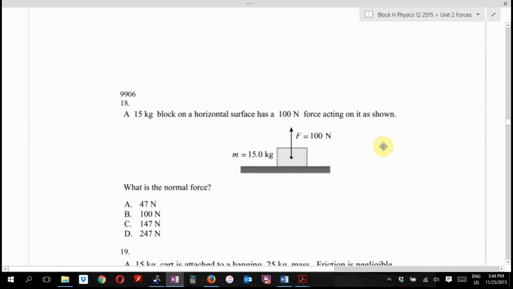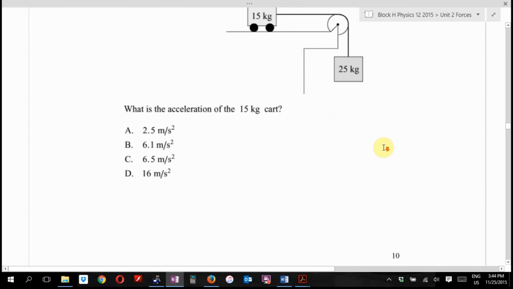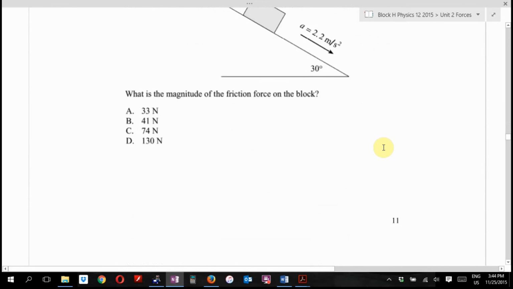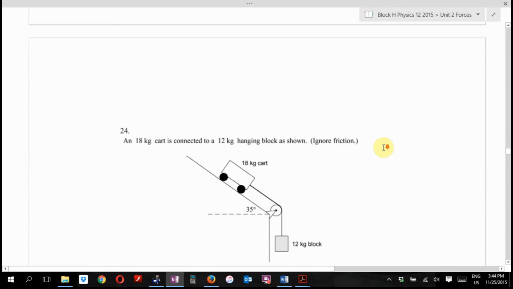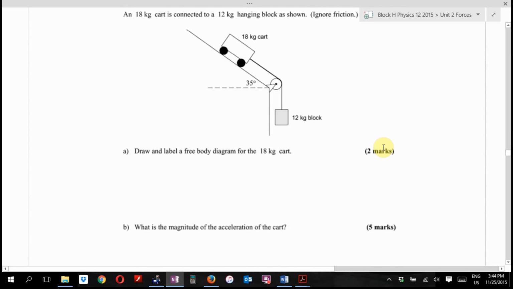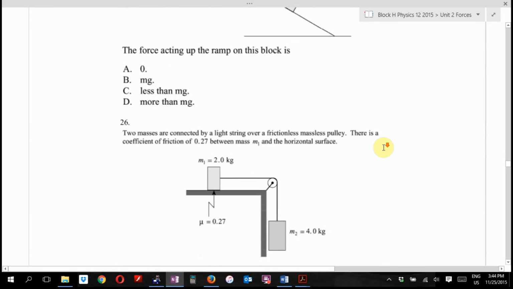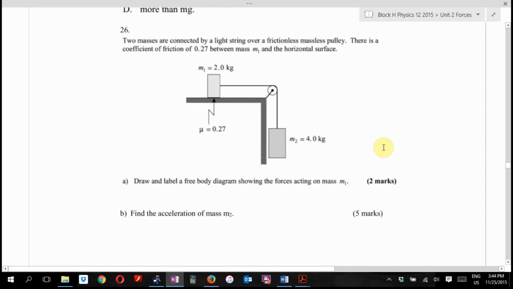I mean, you've got to do them all, but something like number 26 is fair game, where you have an Atwood machine and friction.